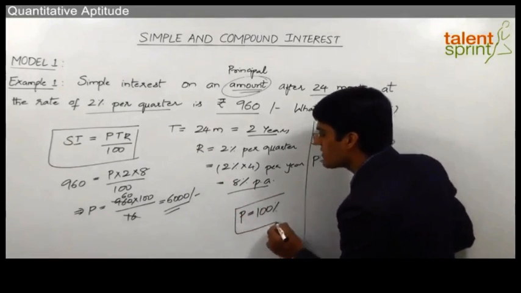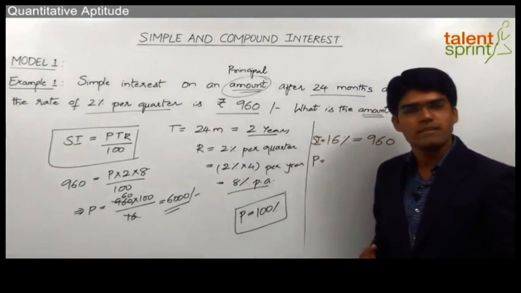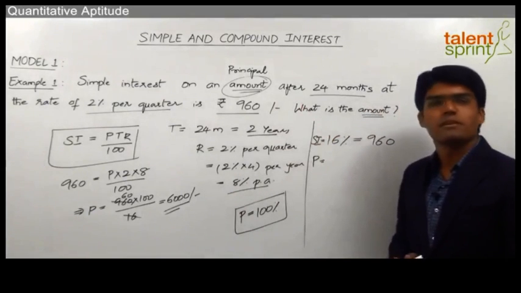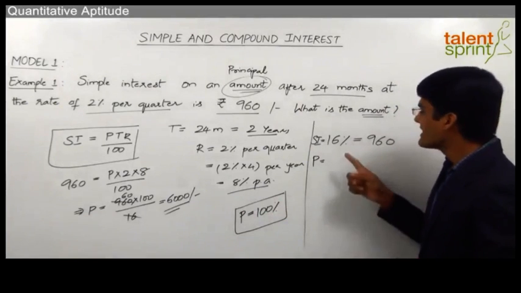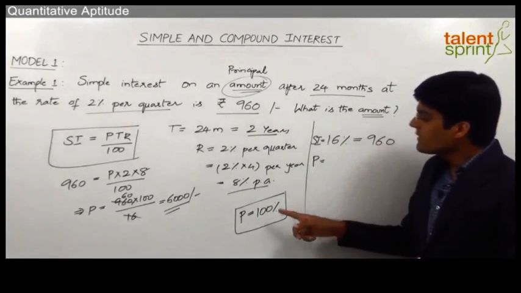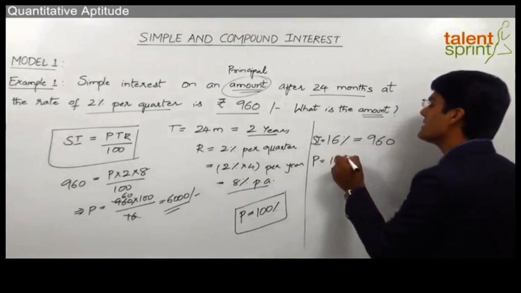As in the case of profit and loss, where we say that cost price is always 100%, here in simple interest and compound interest, the principal should always be taken as 100%. So 16% is given as 960, and we are supposed to find out what 100% is equivalent to.